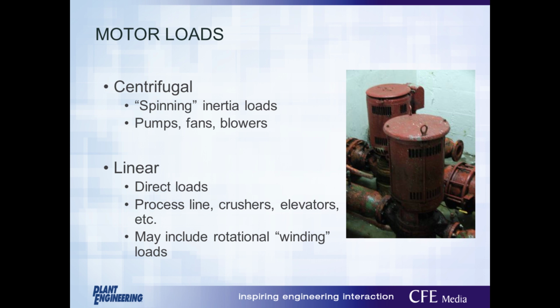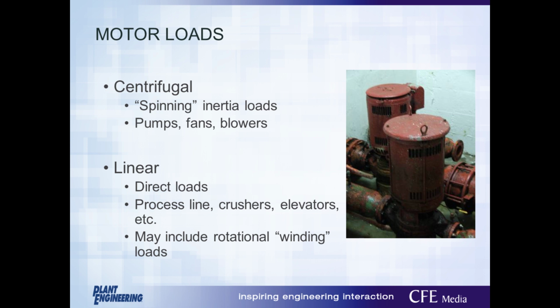Next, we'd like to give you a few examples of motor loads before we get into the energy savings measures portion of the presentation. Generally, there are two types of loads, centrifugal and linear. Centrifugal includes the spinning inertial loads, where the load will tend to decrease with speed. Some examples are pumps, fans, and blowers.